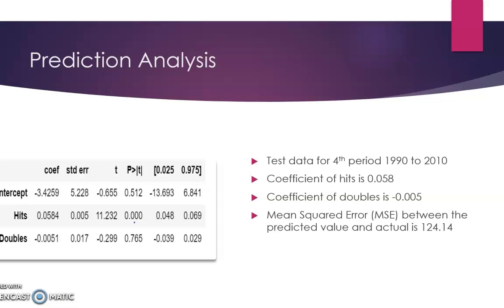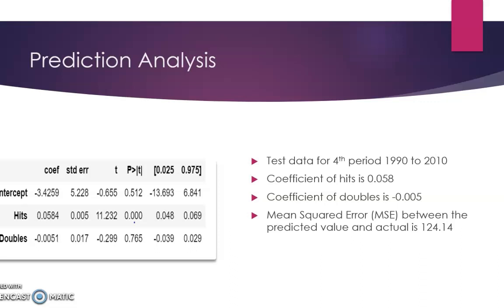Taking data from period 4, 80% of the data set was used for training and 20% for testing, as mentioned earlier. The R2 value between test and predicted value was 24.5%. This model explains that 24.5% of variation in games won is explained by the independent variables, hits and doubles.